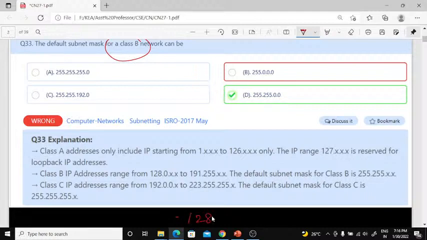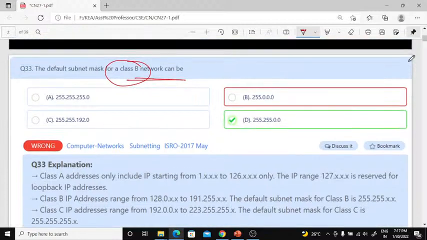For class A, it is 1 to 126. 127.x.x.x is reserved for the loopback IP address. So here the question is the default subnet mask for a class B network can be. Here you can see the solution.